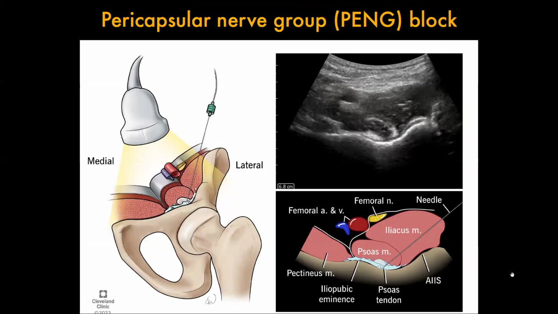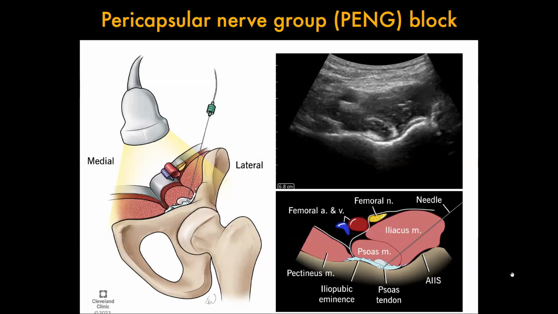You want your needle to come in a plane where you're not going to interact with the vessel or the nerve. So when you first put your probe on, I always throw color on, look for vessels, push down, see if anything's compressible. That way I don't get a vascular puncture. Or even like interscalene, a lot of times you'll see nerves in the anterior scalene muscle that if you look for, you say, okay, I can avoid these in my trajectory rather than go right through the long thoracic or dorsal scapular.